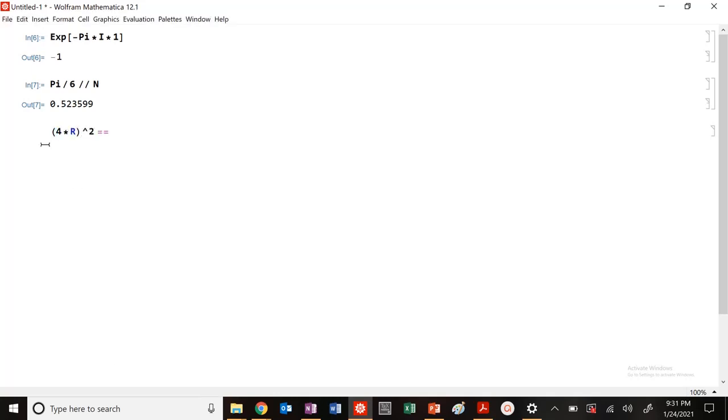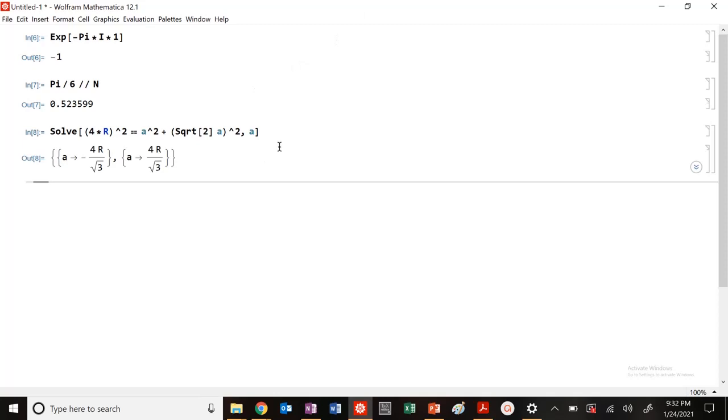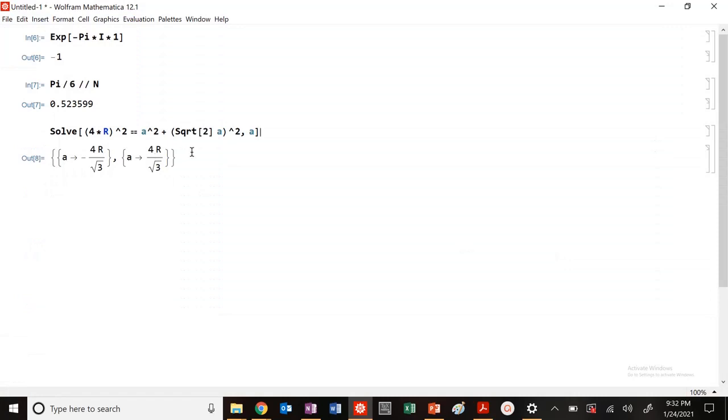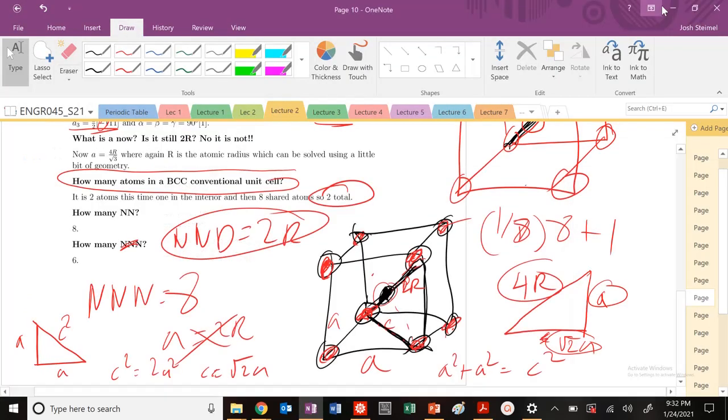I'm going to solve 4R squared equals A squared plus A squared plus square root of 2A squared. And let's solve for A in terms of R. Hopefully you can see, let's make sure that that's correct. So 4 square root of 2, yep.